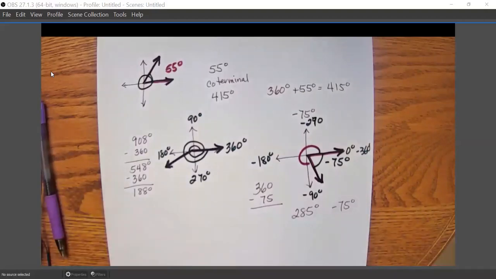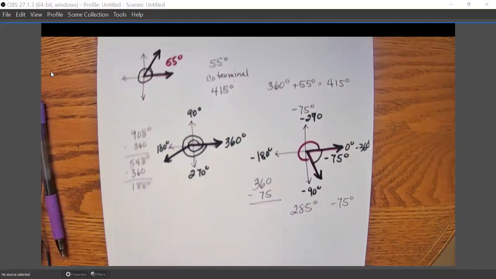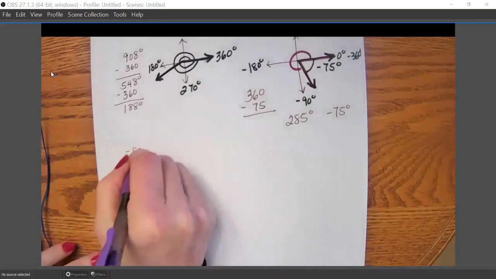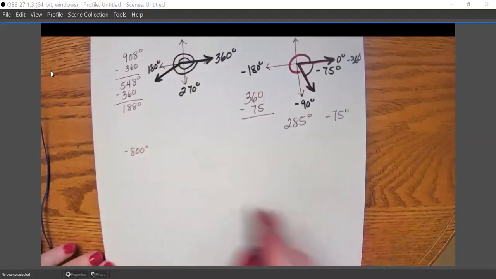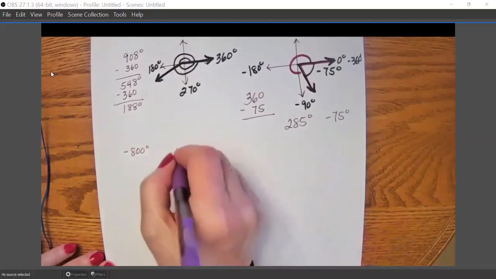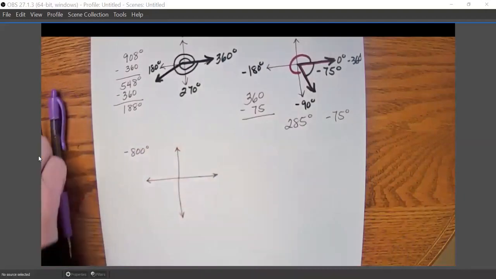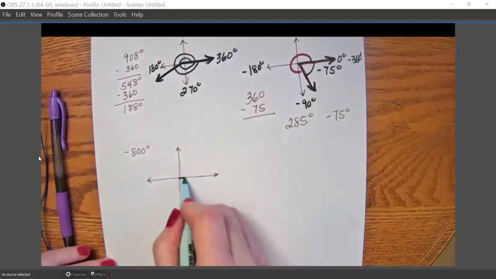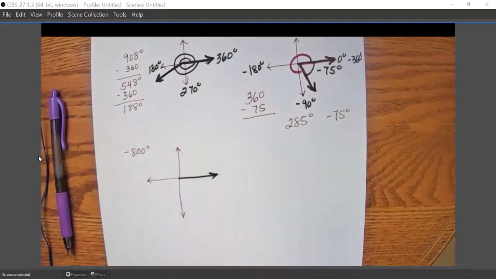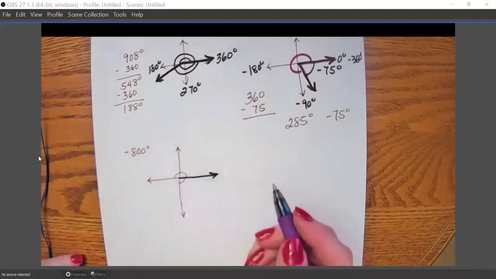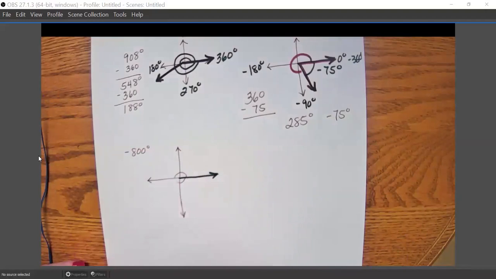And the last one is, what is the angle with the smallest positive number that is coterminal with negative 800 degrees? So what is coterminal with negative 800? As we know, negative angles go clockwise, so there's my initial point. So one time around, we're going to go 360.